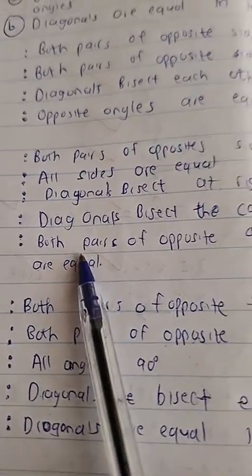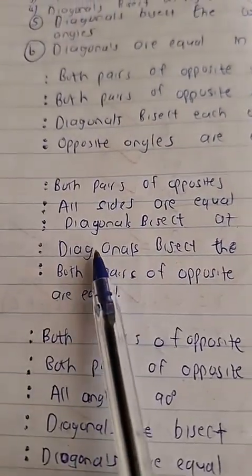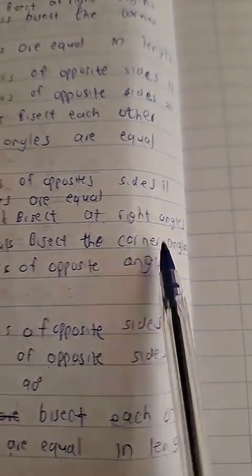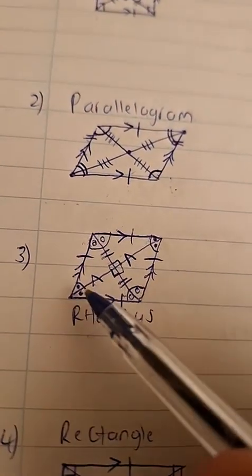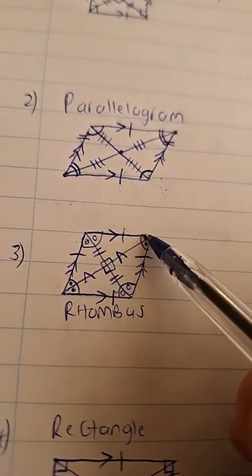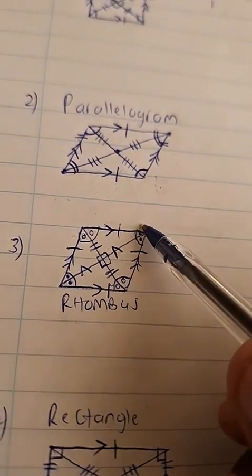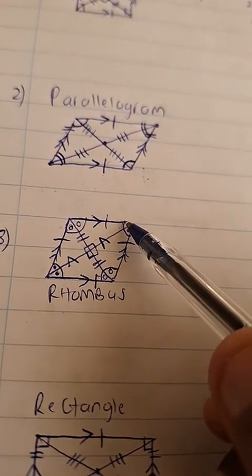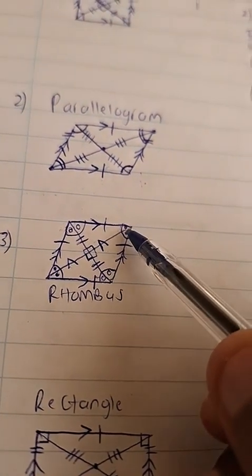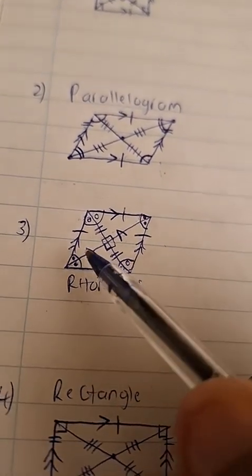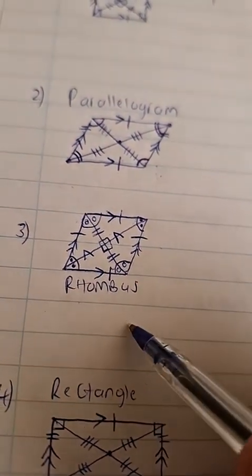Then lastly, both diagonals bisect the corner angles. So the diagonal also cuts the corner angle, so that the angle here and the angle there are equal. The angle here and the angle there are equal.